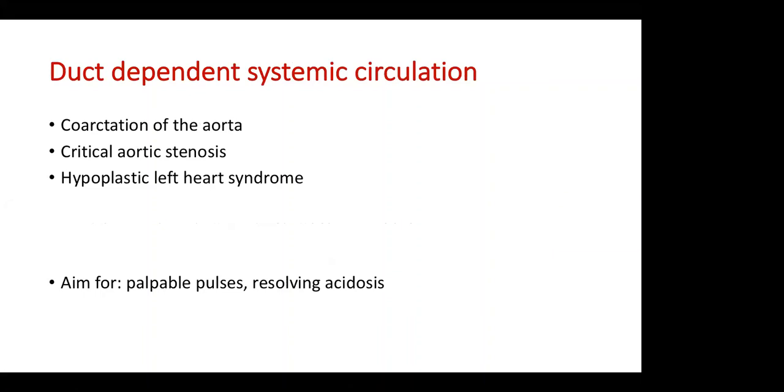Examples of duct-dependent systemic circulation are coarctation of aorta, as we mentioned, critical aortic stenosis, and hypoplastic left heart syndrome. In those type of patients, you start prostaglandin and you aim for good cardiac output, palpable pulses, and resolving acidosis. If you achieve these three goals, you save the life of the patient, and it's now time to send him to the cardiac center.